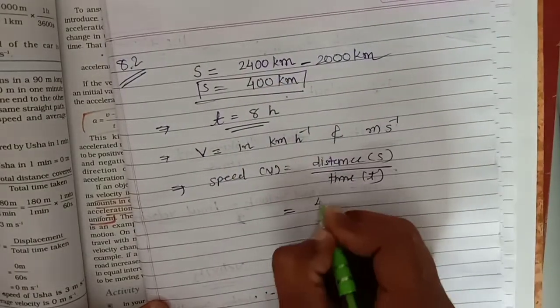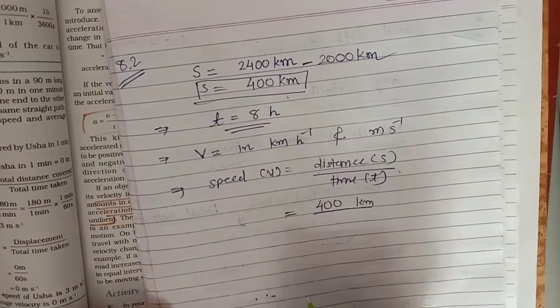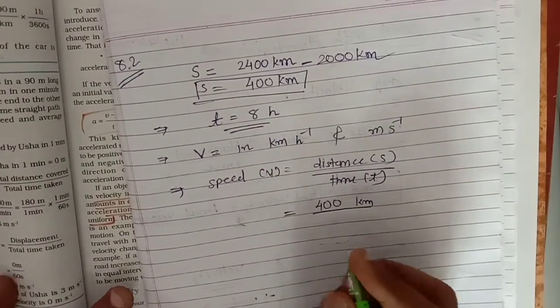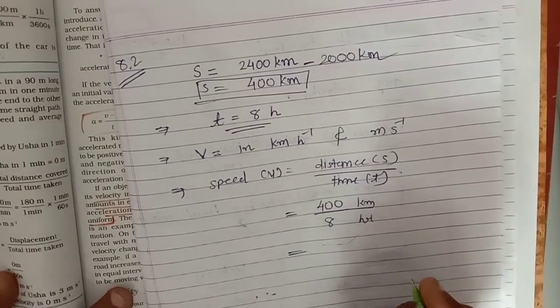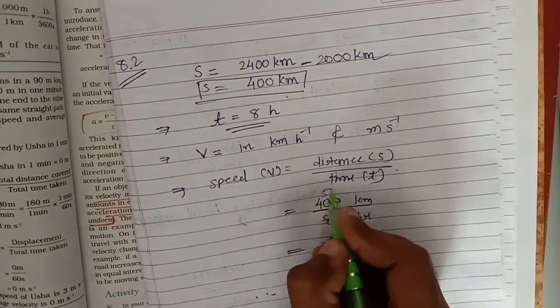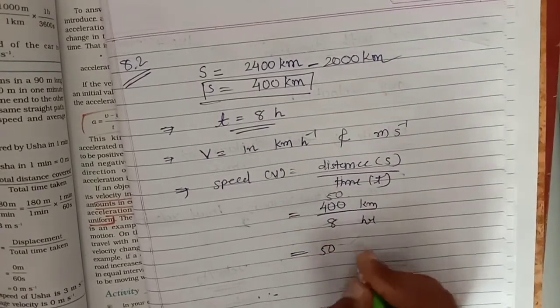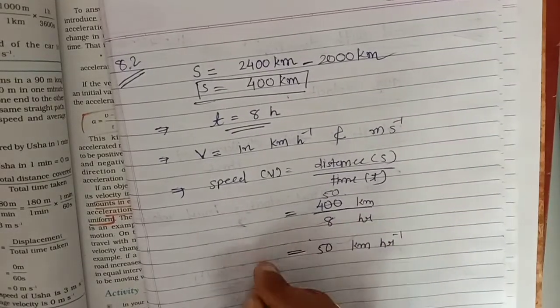How much distance traveled? 400 km. How much time does it take to complete 400 km? 8 hours. 400 divided by 8. 8 5s are 40, so 50 km per hour. That's the speed.